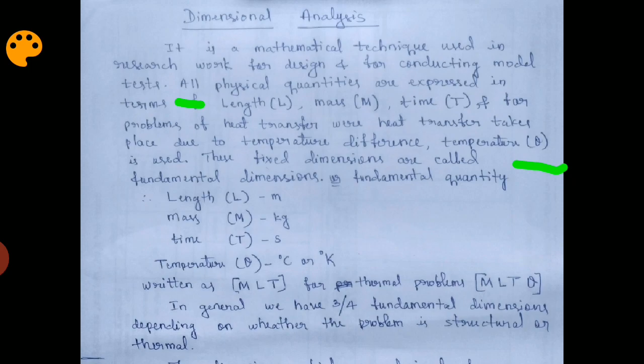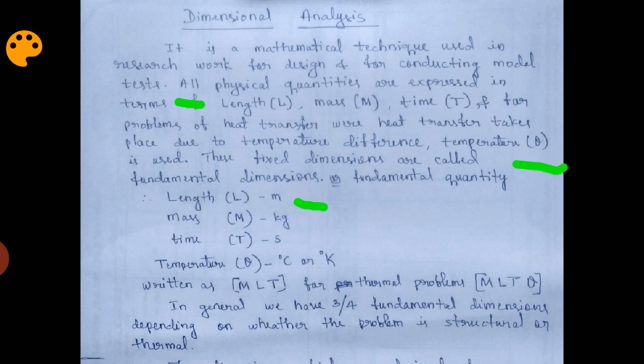If you are measuring any distance, it can be horizontal distance, vertical distance, breadth, width, anything, it comes under distance. Standardly we use length L, which is measured in meters in SI unit. We will be using SI units.